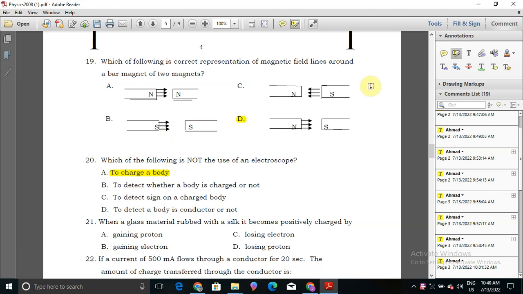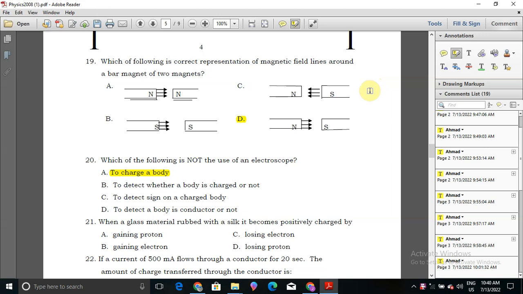Now question number 21 says, when a glass material is rubbed with silk, it becomes positively charged by what? Gaining proton, gaining electron, losing electron, or losing proton? Of course it will be losing electron, because when a glass material is rubbed with silk, electrons are transferred from the glass to the silk. Hence the glass is positively charged while the silk is negatively charged.